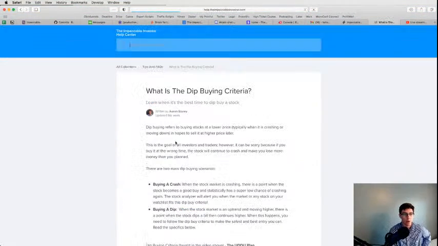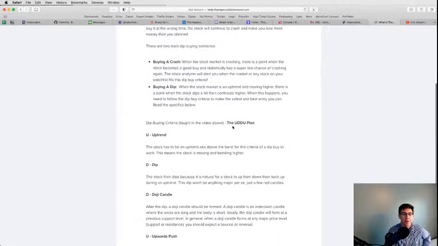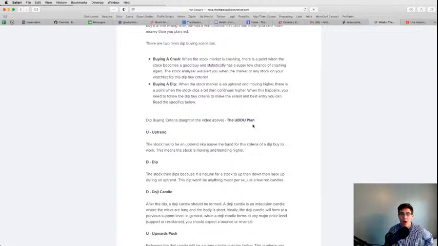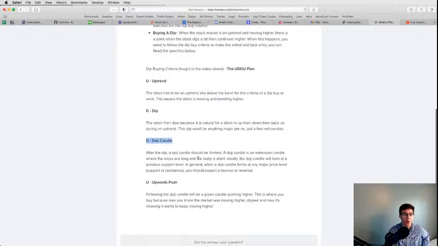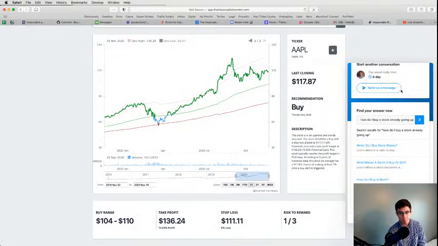But what I'm looking for right here is, what is the dip buy criteria? And this is going to outline the exact steps that you take to buy a stock that is already in an uptrend. You want to make sure it's in an uptrend. You want to see a dip happen. You want to see it slow down, and then you want to see it push back upwards while it's still above the band, and that's the perfect dip buy setup. So that would be the setup you follow.